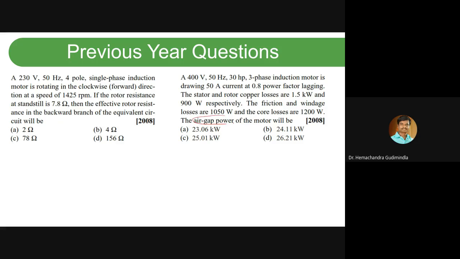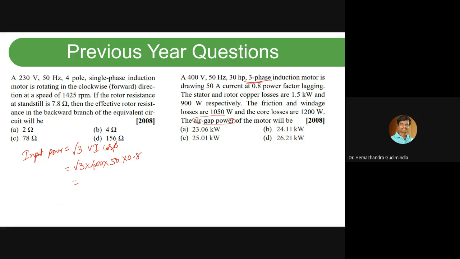So to find the air gap power, first, what is the total input power? For a three-phase induction motor, what is the input power? Root 3 times V I cos phi. Root 3 into voltage is 400, current is 50 amperes, and power factor 0.8.